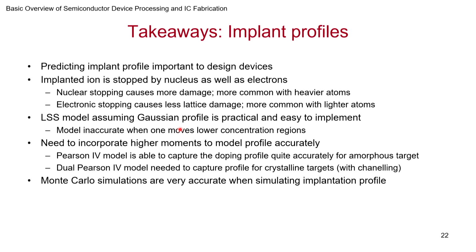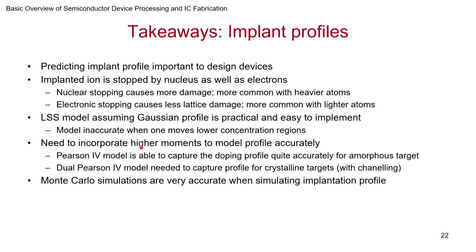The LSS model assumes a Gaussian profile and is practical to use, easy to implement, and that's something very good, especially for academic or training purposes and initial experimental purposes, where the profile need not be so accurate. For those cases, this is very good. But the model is inaccurate when one goes to lower concentrations.